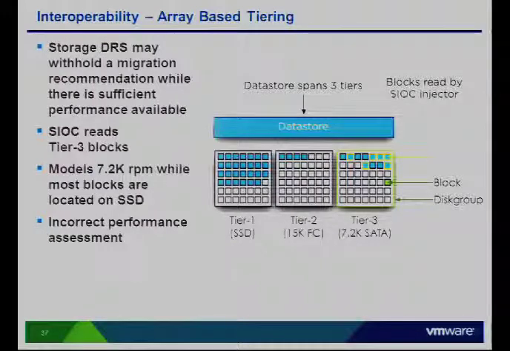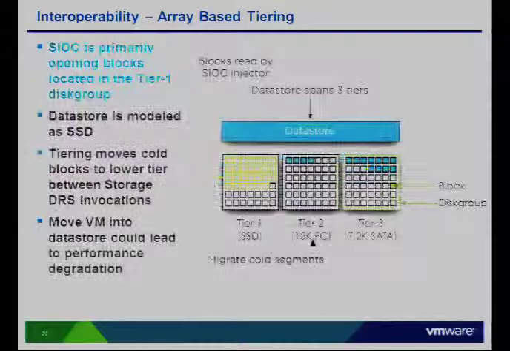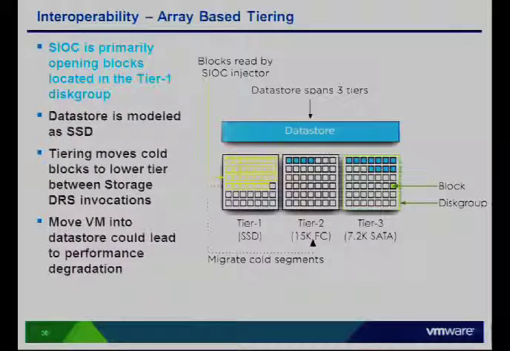Now, let's go to auto-tiering, to FAST or any other technology. In this scenario, we are actually doing a great job. The orange or yellow blocks show that we opened up and read more blocks on the SSD devices than on all the other devices. Our device model is correct this time. The problem is that our invocation is every 8 hours, and with the 16 hours of current day data, that only occurs at 4 o'clock in our scenario.